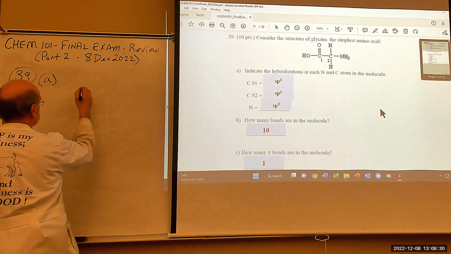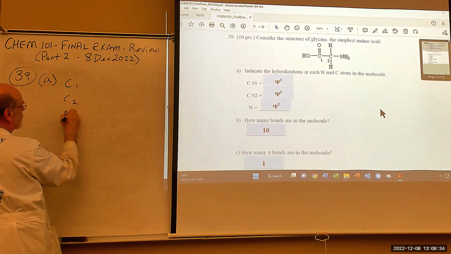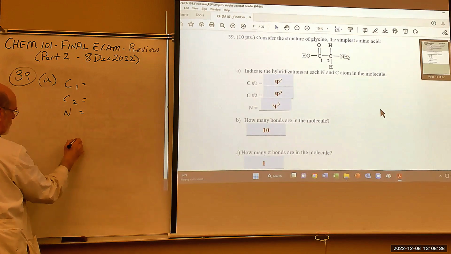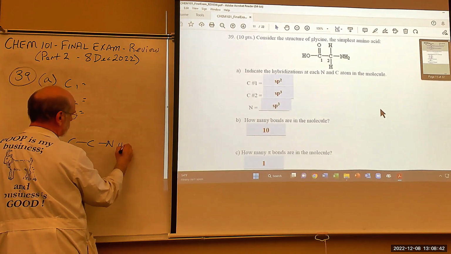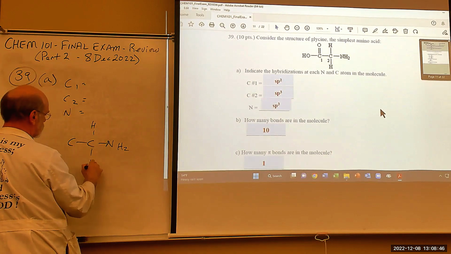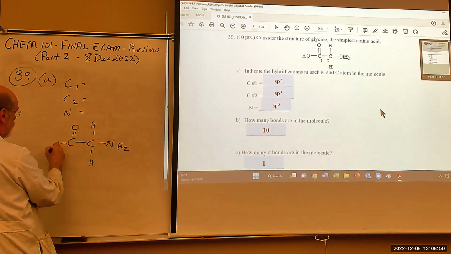All right, so we've got carbon 1, carbon 2, and nitrogen for this molecule. H2, H, H, O, and we got an OH.